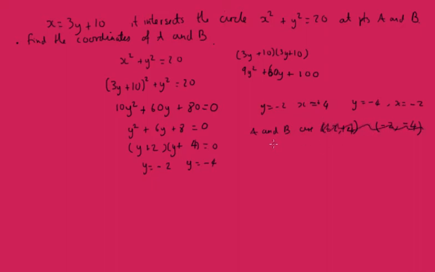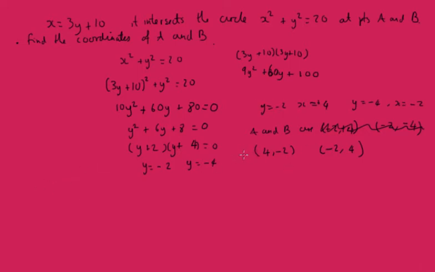So here we've got 4, minus 2, and here we have minus 2, 4, because I've written the y's on the wrong side. There we go. Now we've got our coordinates A and B.